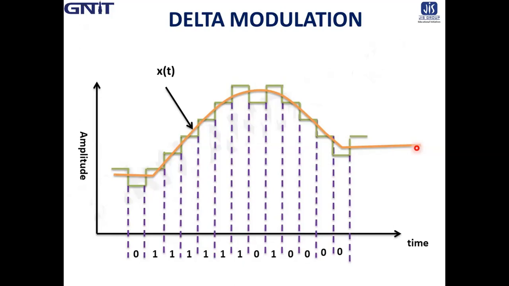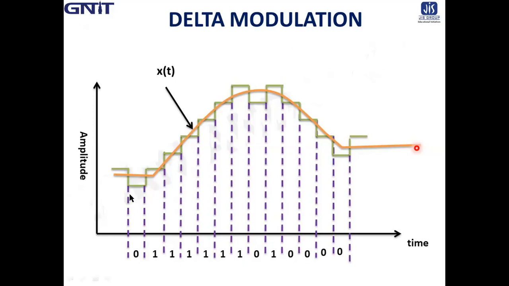So that is the rule for delta modulation. Again, the present sample value is always compared with the previous sample value: if it is higher, binary 1 is transmitted, and if it is lower, binary 0 is transmitted.